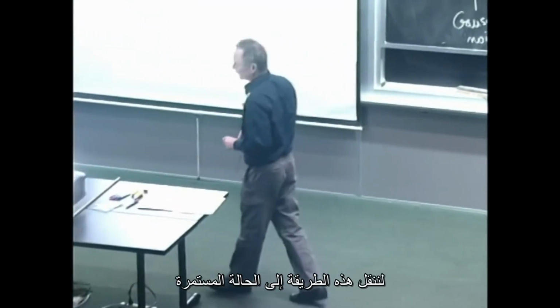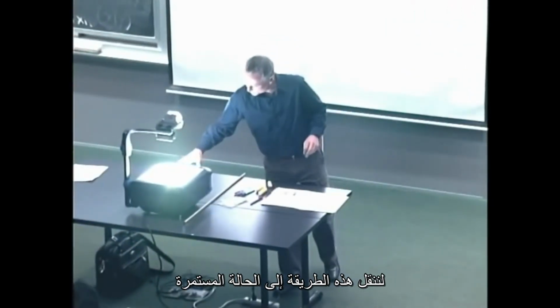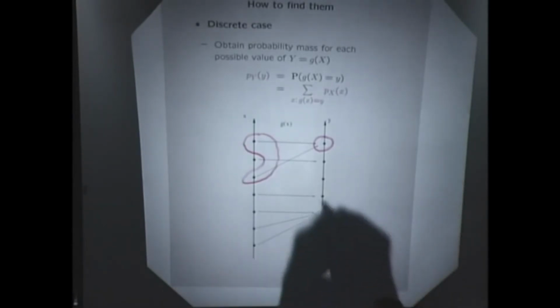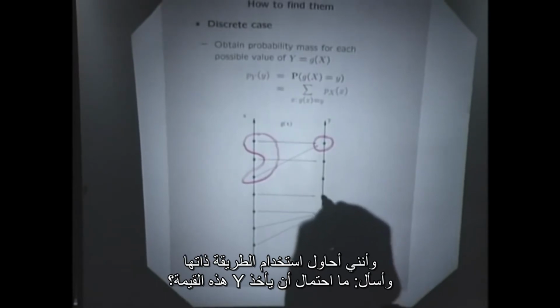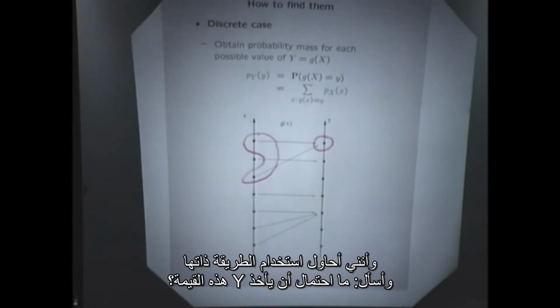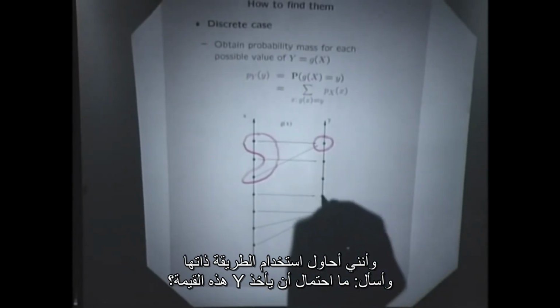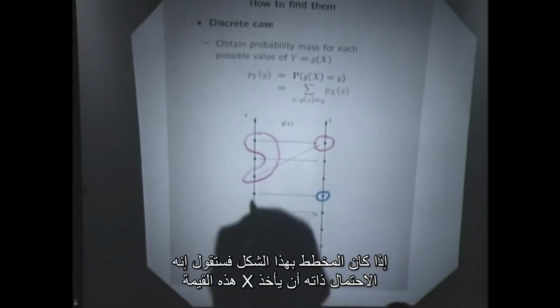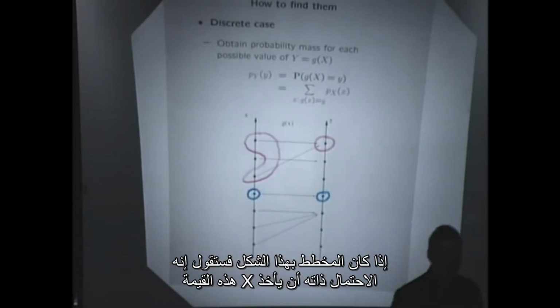So let's transfer this method to the continuous case. Suppose we are in the continuous case. Suppose that x and y now can take values anywhere. And I try to use the same method. And I ask, what is the probability that y is going to take this value? At least if the diagram is this way, you would say this is the same as the probability that x takes this value.